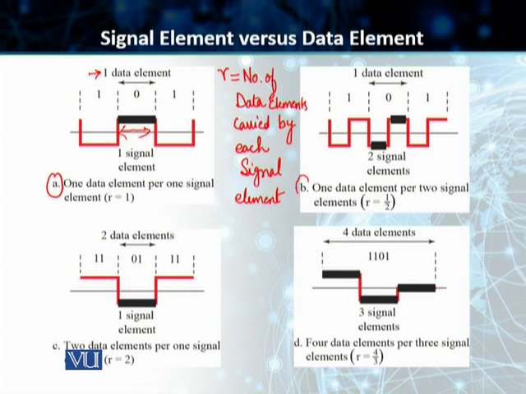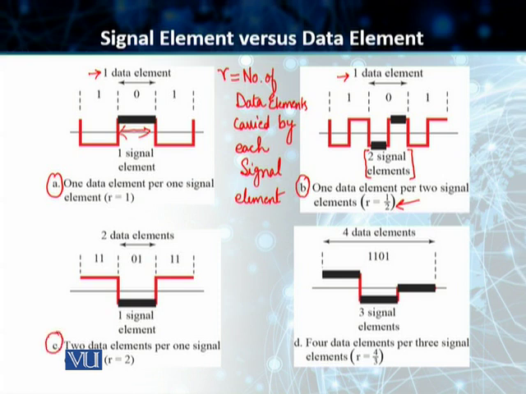Now, in scenario B, we have one data element, once again on the top. But in this case, we are using two signal elements to carry one data element. We are using two signal elements to carry one bit. The value of r, as you can see, is 1 by 2.